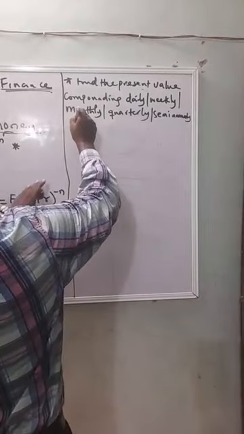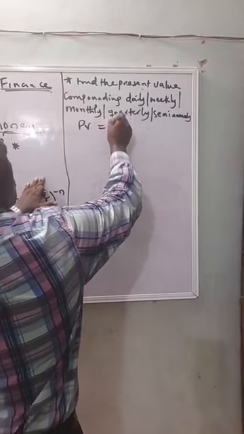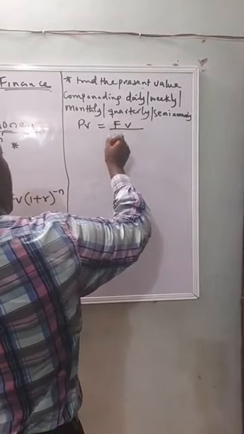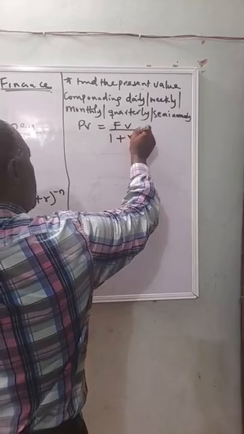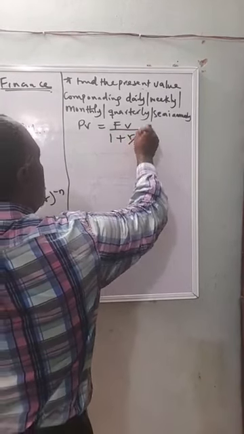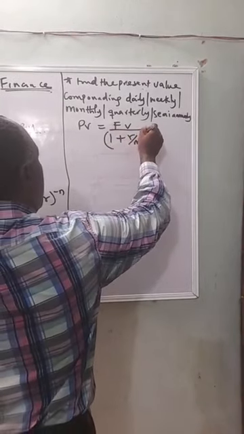Our formula will just change a little. PV will be FV, but that R will be divided by M, all raised to the power of NM.